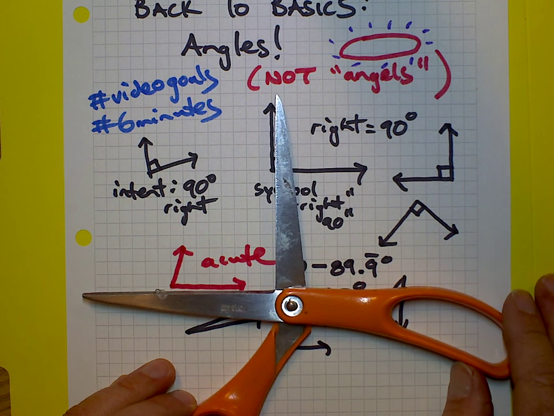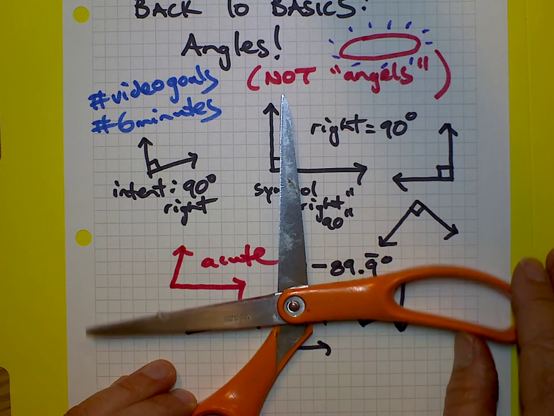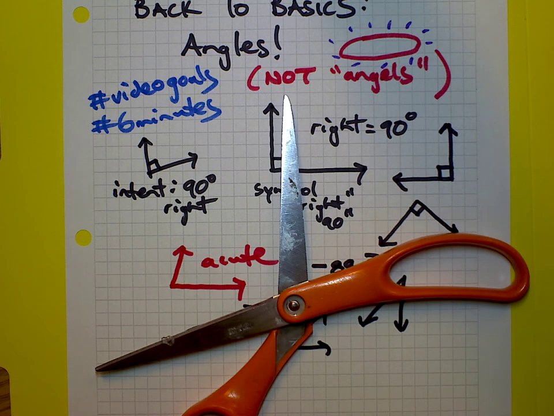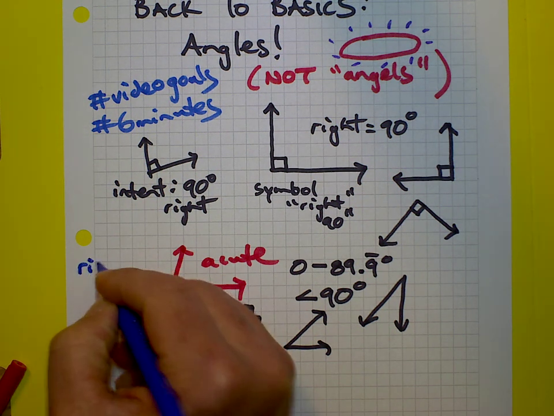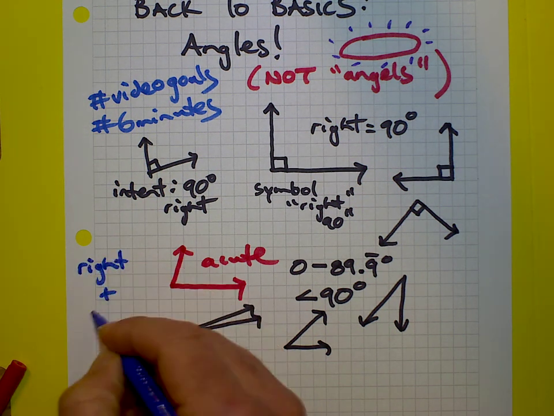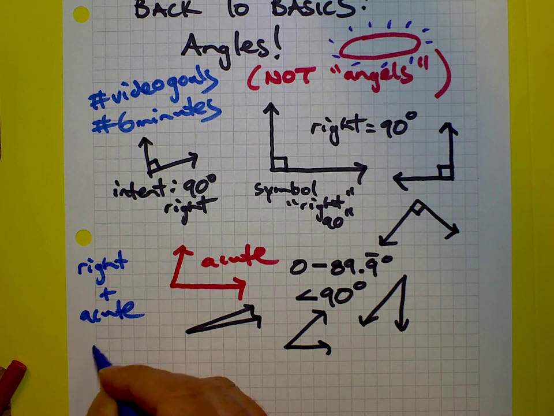Now what is it? See the little box right there? What's this angle? Yes, it's a right angle. But now what is it? It's more than a right angle. It's like a right angle plus an acute angle. That's weird. Right plus acute. What's that?